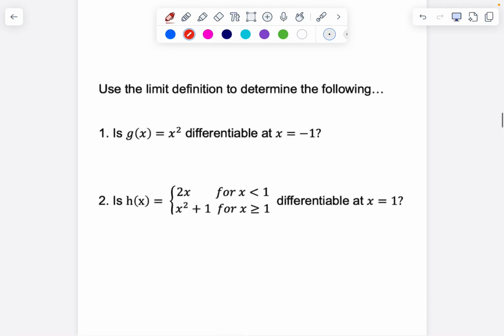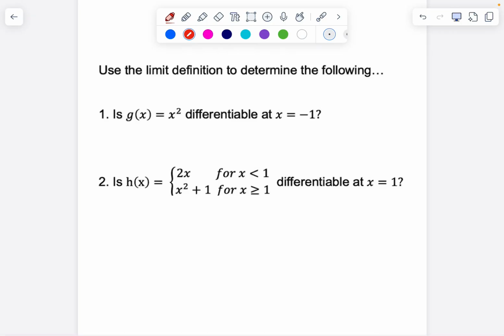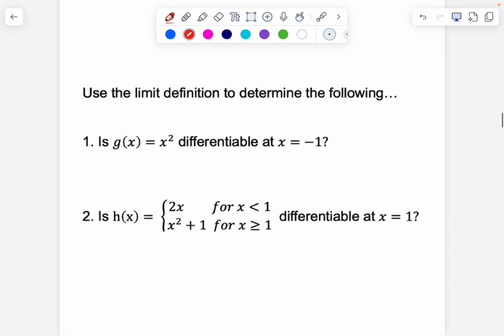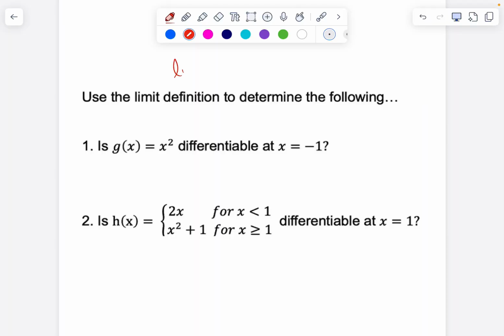So use the limit definition, and for this, definitely use this one. I'll write it here just because we don't necessarily know it, but use this one instead of the other one. It'll be faster. So to determine if g of x equals x squared is differentiable at x equals negative 1.